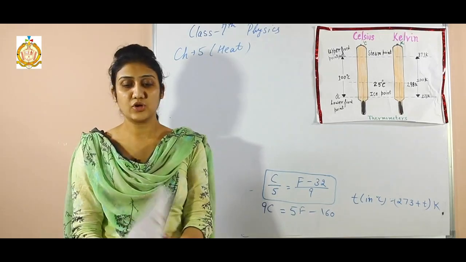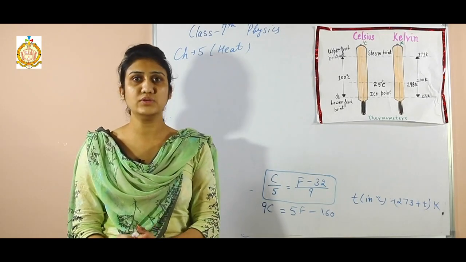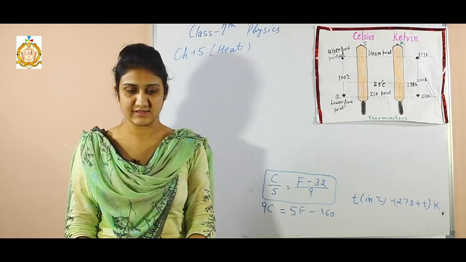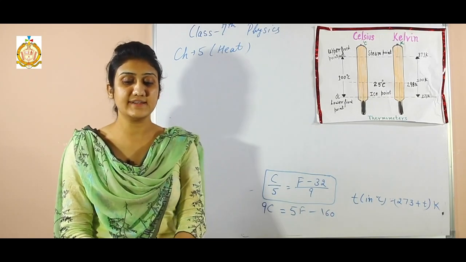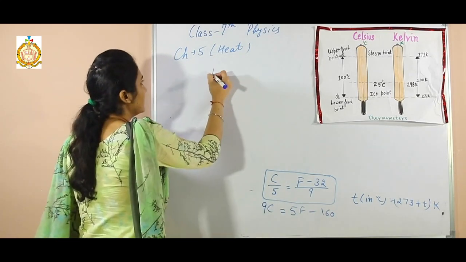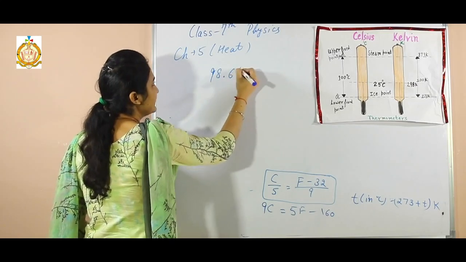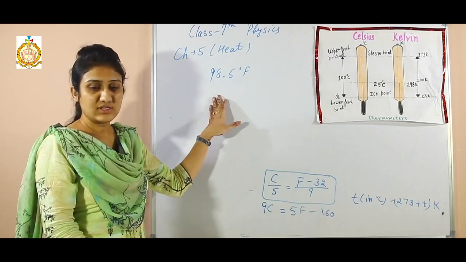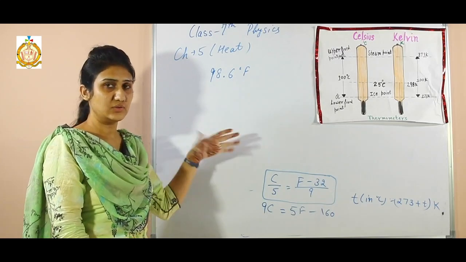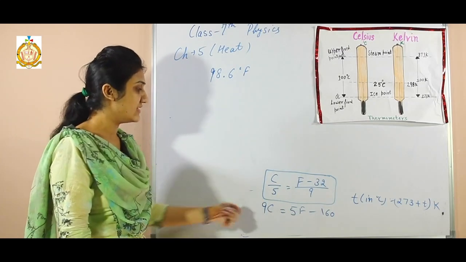You know that the normal human body temperature is around 37 degrees Celsius, and in Fahrenheit its value is 98.6 degree Fahrenheit. So this is in Fahrenheit. You can convert it into the Celsius using either of these relations.